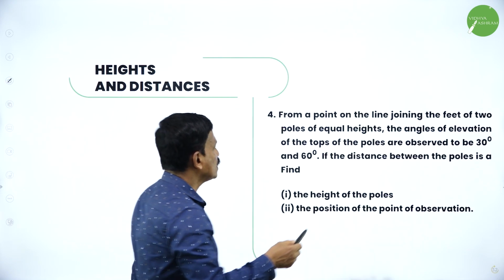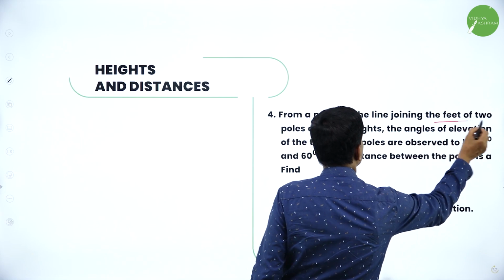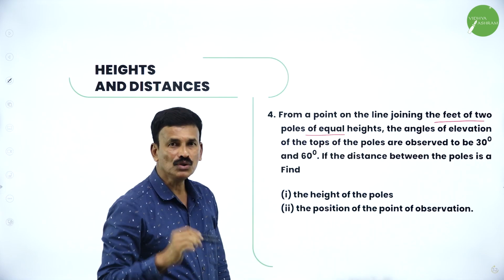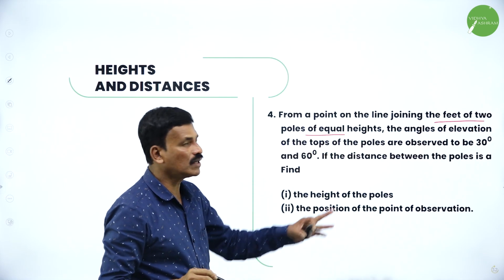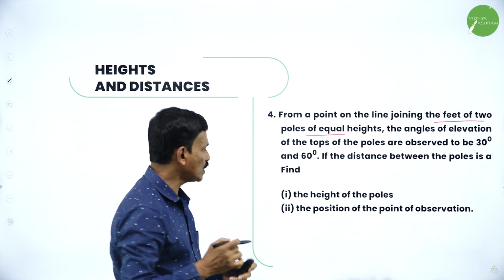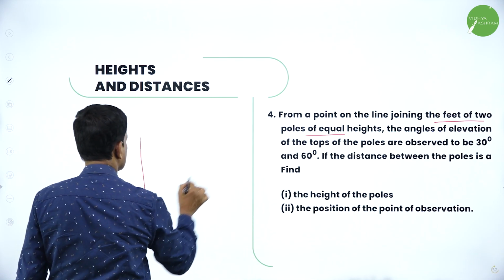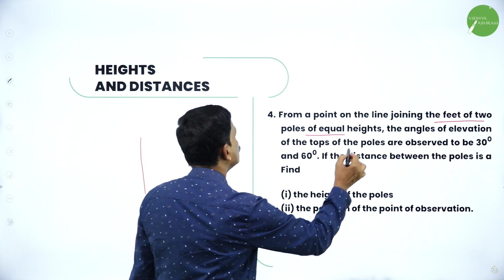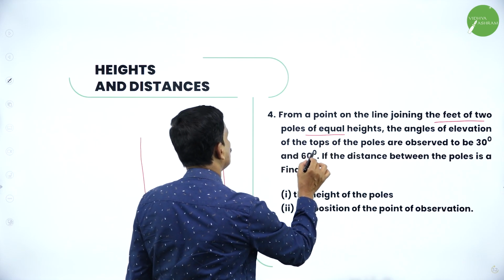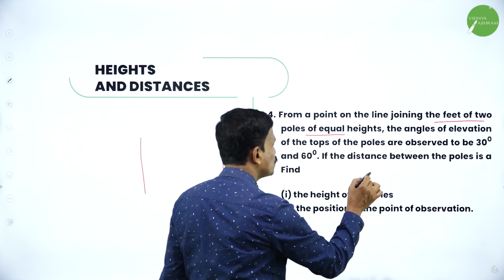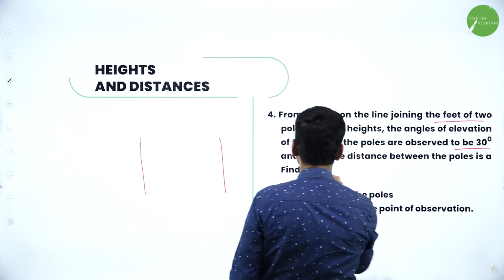From a point on the line joining the feet of two poles of equal height, the angles of elevation of the tops of the poles are observed to be 30 degrees and 60 degrees.